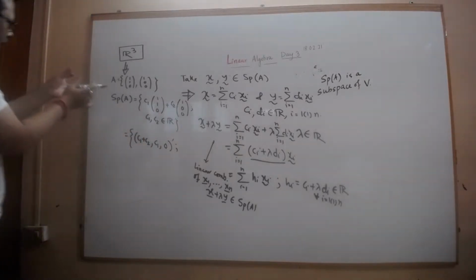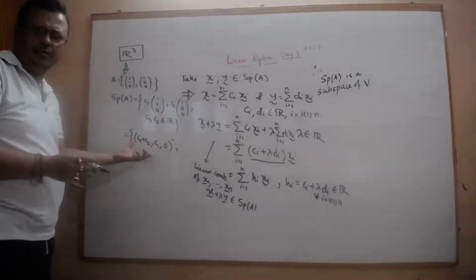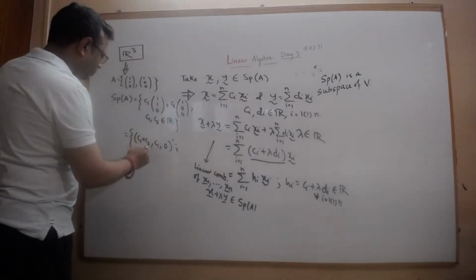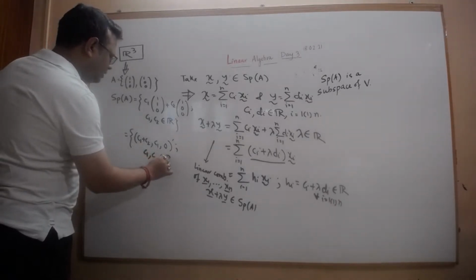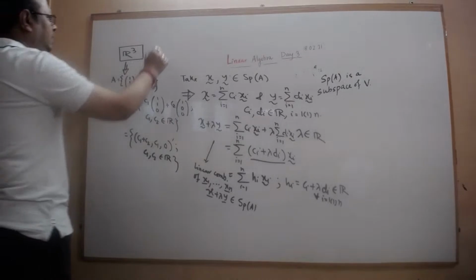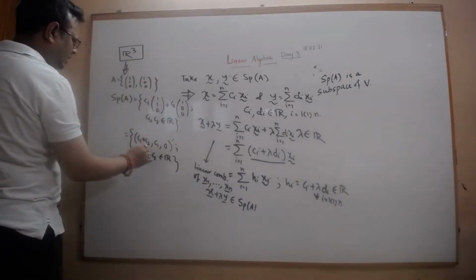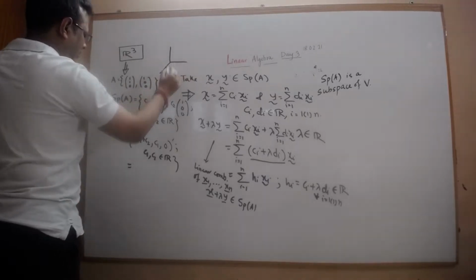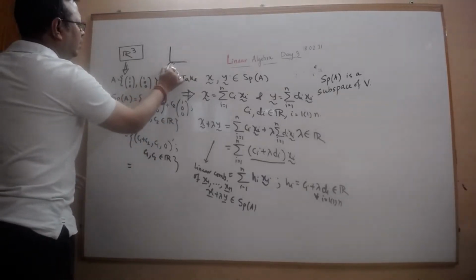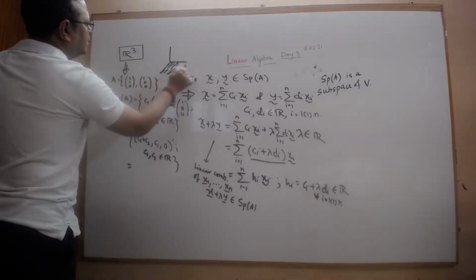In that situation, span A is the collection of this type of vector. So this is R cube, and any point, any collection of points, lies on this surface.